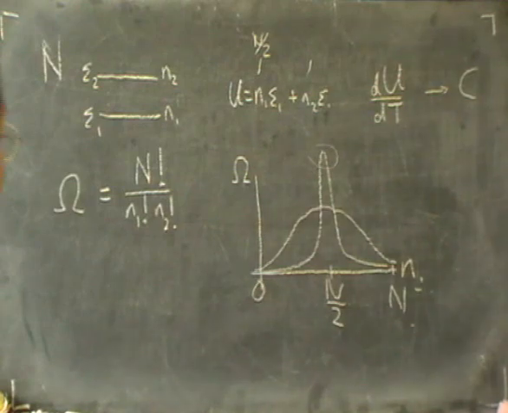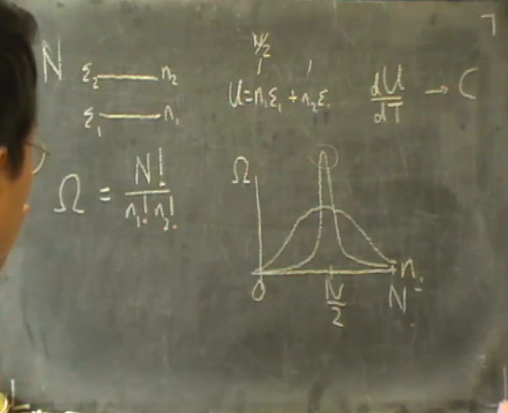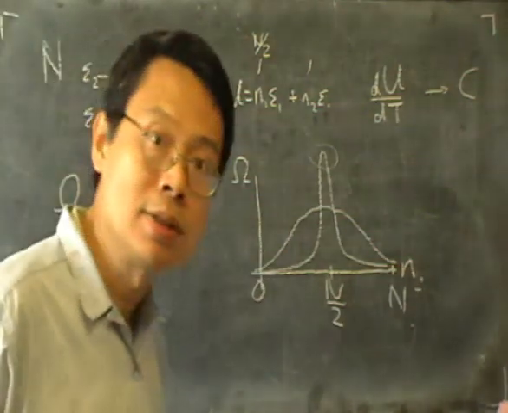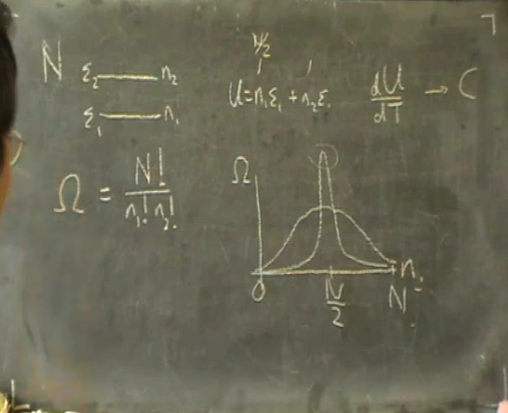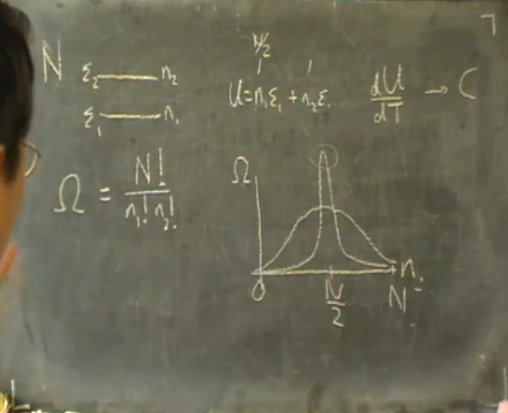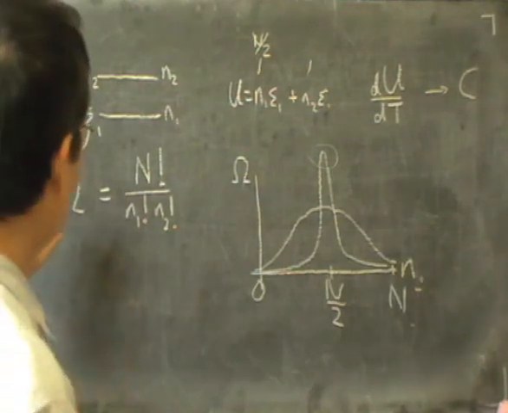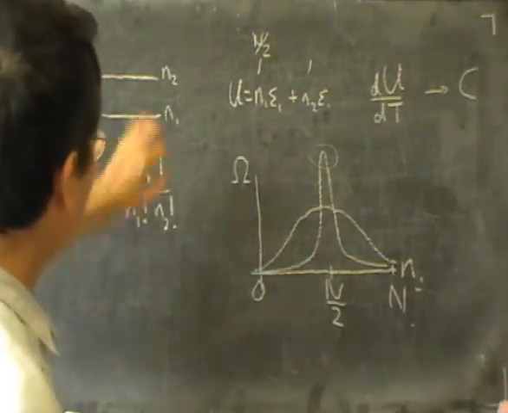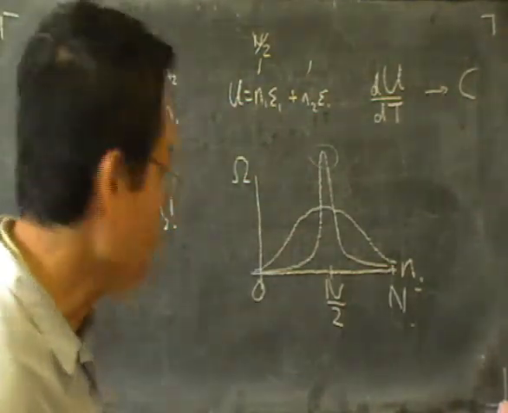Okay, now, moving on, while we're here with this particular system, let's define some terms. I've talked about two basic ideas here, and one is n1, n2, the idea of the number of particles at each level.